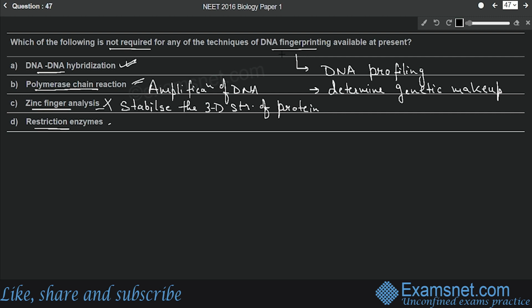This is also used in DNA fingerprinting to produce fragments, because it is used to cut the DNA, right? It cuts the DNA. So option C will be the correct answer. Zinc finger analysis. It is not required in DNA fingerprinting.